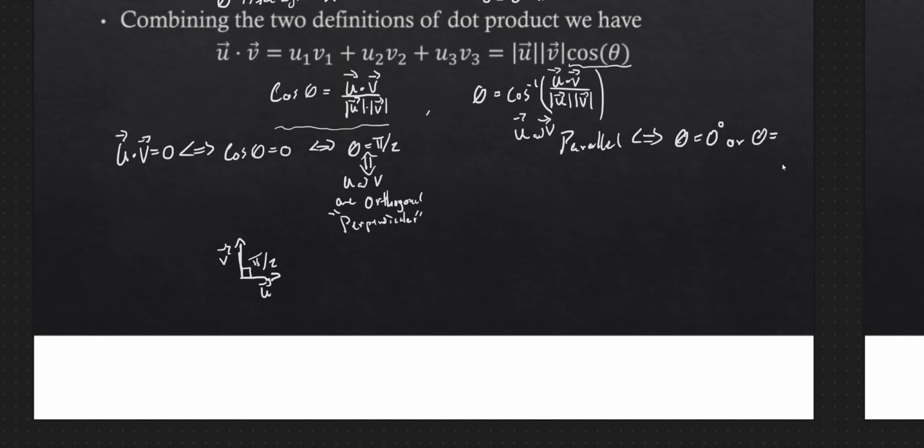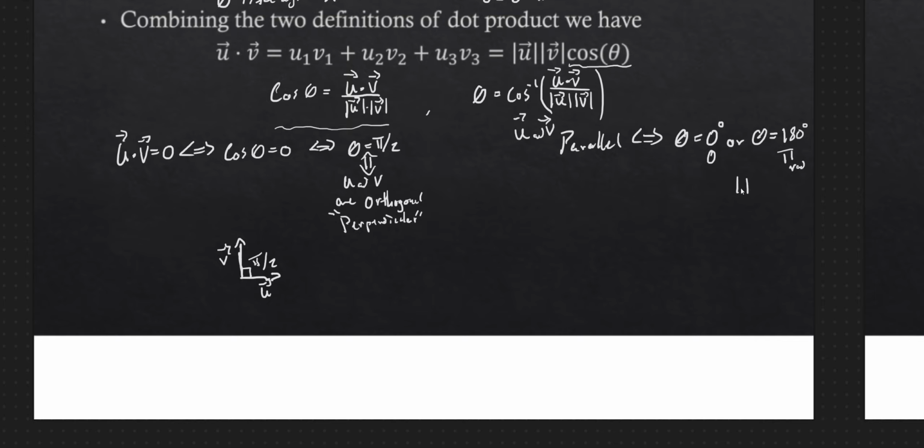Remember what parallel means? That just means that they're constant multiples of each other, scalar multiples, which could be negative. Or theta is 180 degrees, which is pi. So this would be 0 radians or pi radians.